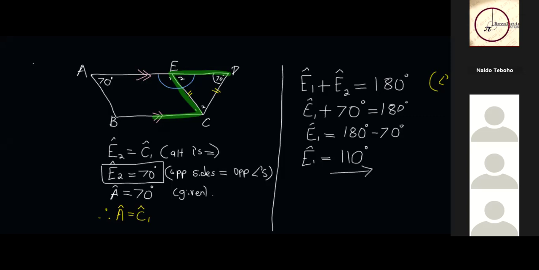There are two ways in which you can calculate angle B. Look at the red part. From the earlier work I was explaining, you have a parallel line. So we add angle A plus angle B, which must give you 180 degrees because co-interior angles are supplementary.